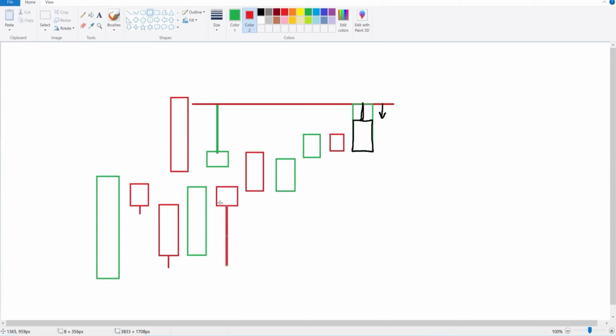Once we spot that, we draw an SNR line from the shadow's tip. The next candle may form immediately after, or there might be some space between the candles. It doesn't matter. Once the next candle touches the SNR line, we open the trade. As a result, the candle will form a shadow, and we can profit from that shadow.